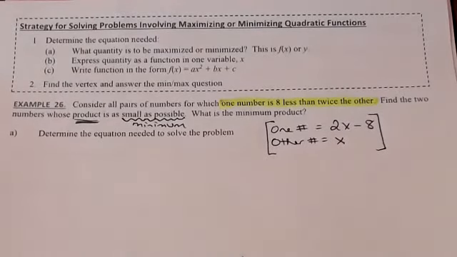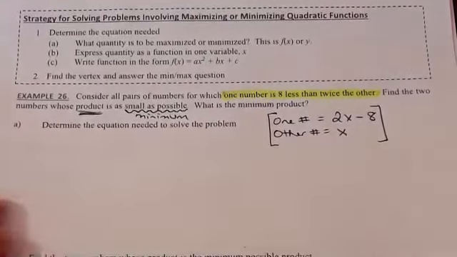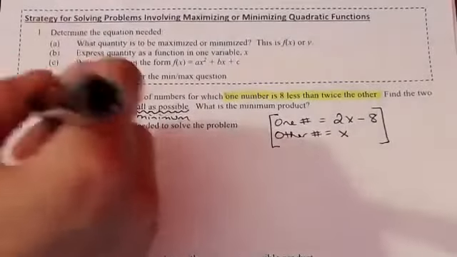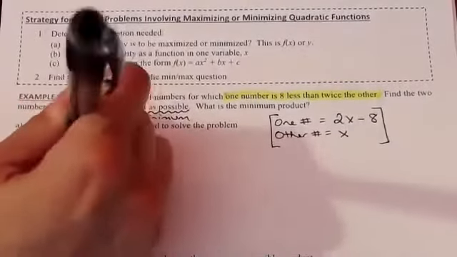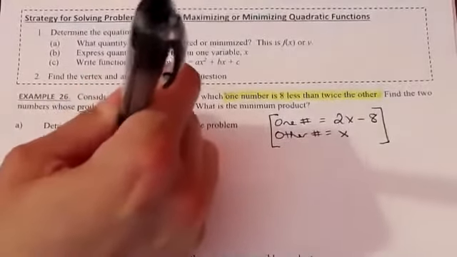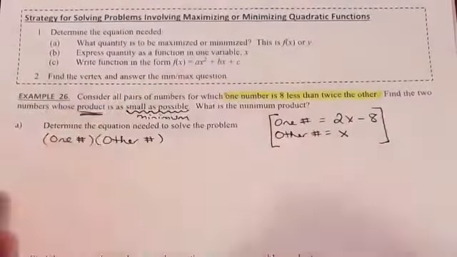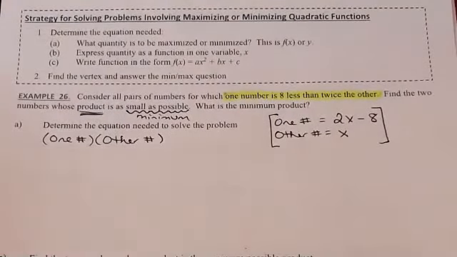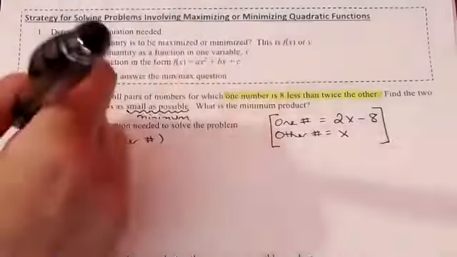The product means you're going to multiply. So, okay, let's think about this. What we're being told to do is to take one number and multiply it by the other number. And that's going to be your function with respect to x.